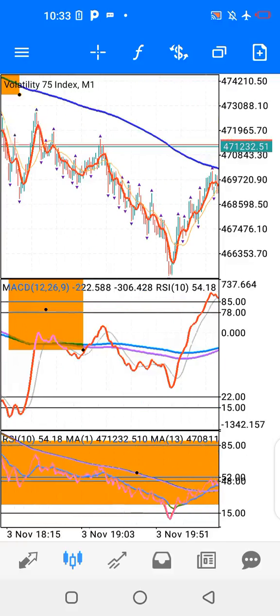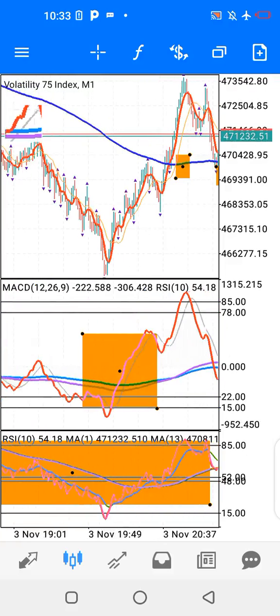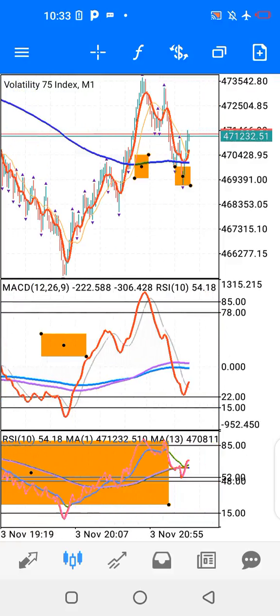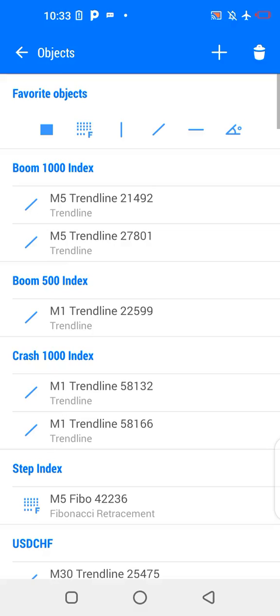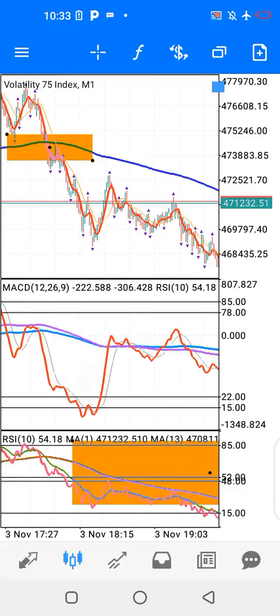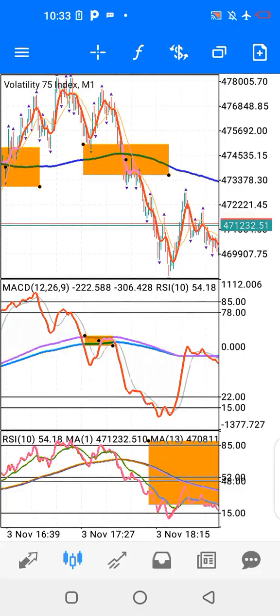I have a red line here crossing above the purple and blue lines to signal buy, time to go long. Crossing below, like you have here, signals time to go short.